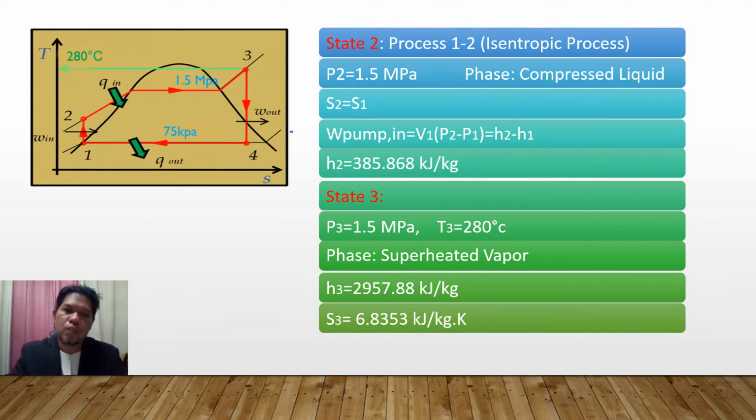For state 2, the process from state 1 to state 2 is called an isentropic process. The pressure at state 2 is 1.5 megapascal and the phase is compressed liquid. We know entropy at state 2 equals entropy at state 1.